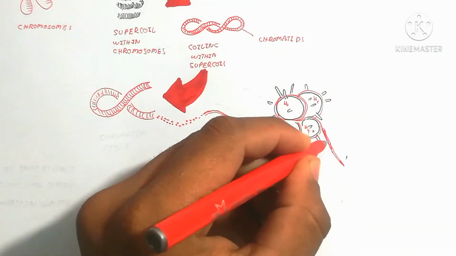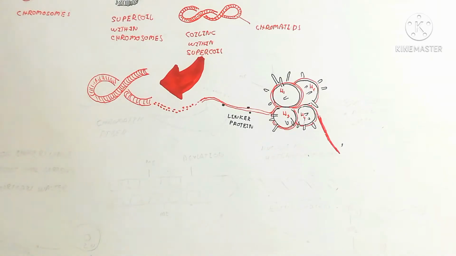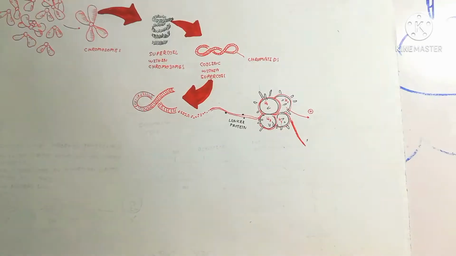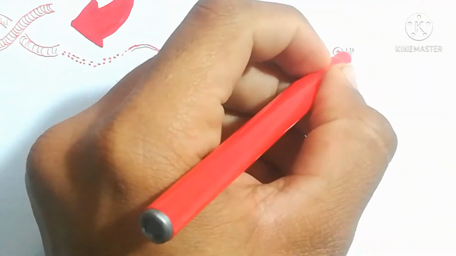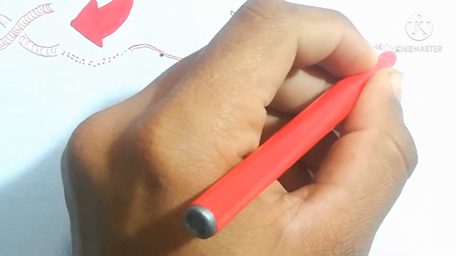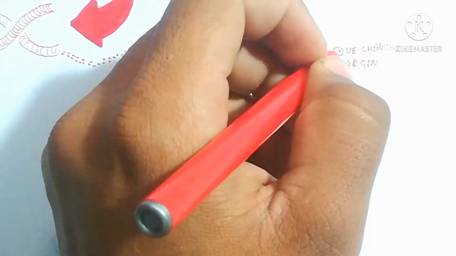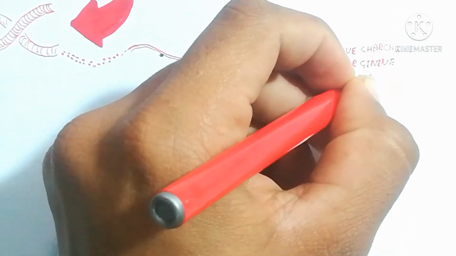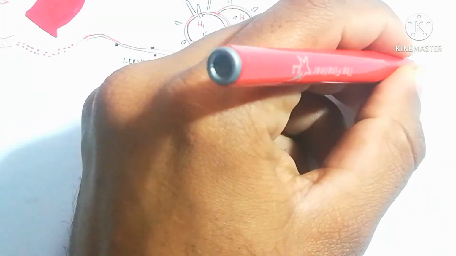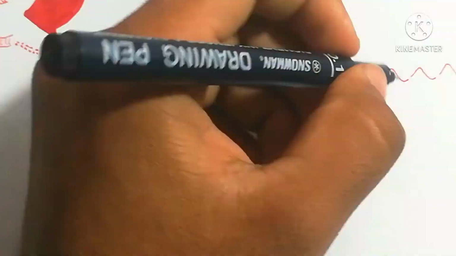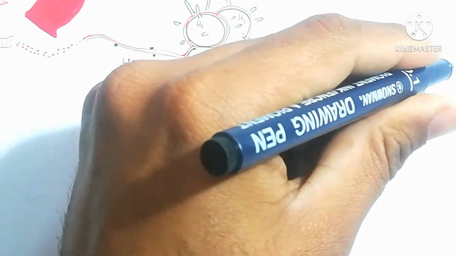We will not discuss the names of the histone proteins, but we will discuss the DNA, which holds the whole information of the genetic material bound together, and that is important. The positive charge is due to arginine and lysine.